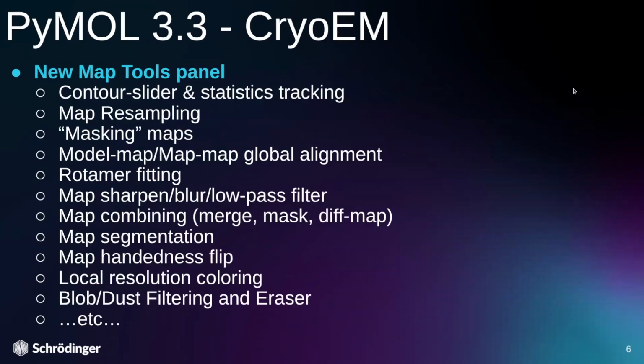So here's a subset of features that we hope to bring to the community in 3.3, and in a bit I'll give a demo of what this would look like in PyMOL 3.3. To start, we have a centralized slider where you can see your surfaces at different ISO levels, and it also displays the different statistics of your loaded map.